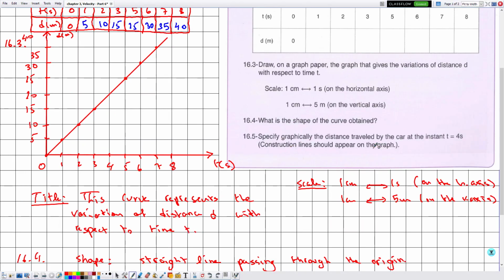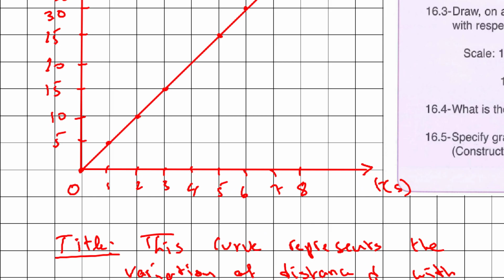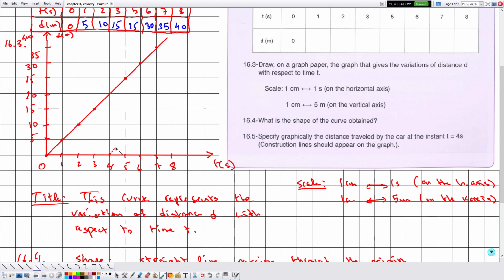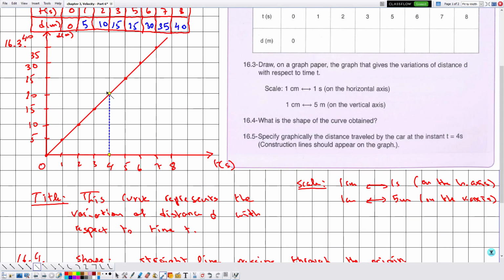They are telling me construction lines should appear on the graph, so let's do them in blue. So t is equal to 4 seconds corresponds to this point on the curve, corresponding to this value on the x-axis, which corresponds to this point on the curve having a value of d is equal to 20 meters.